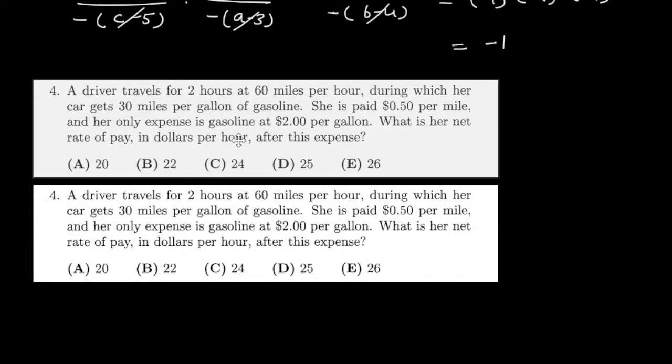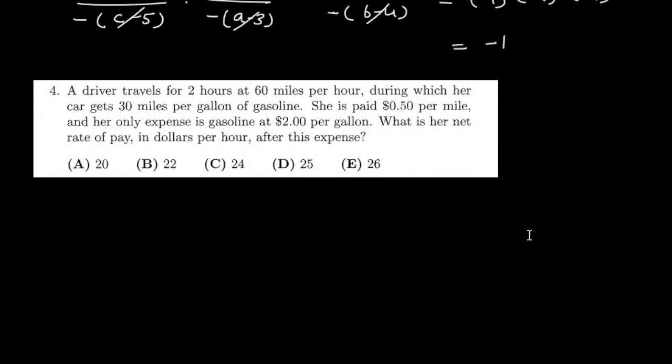The fourth one. A driver travels 2 hours at 60 miles per hour. So in 1 hour the driver is traveling 60 miles. So in 2 hours we can say that the driver will travel 120 miles, right?